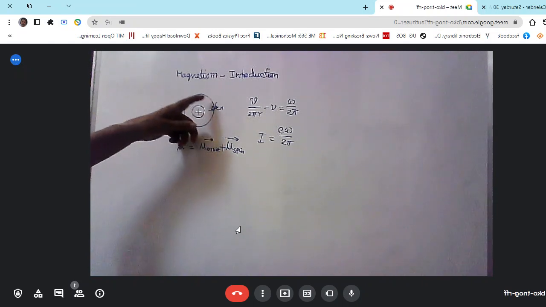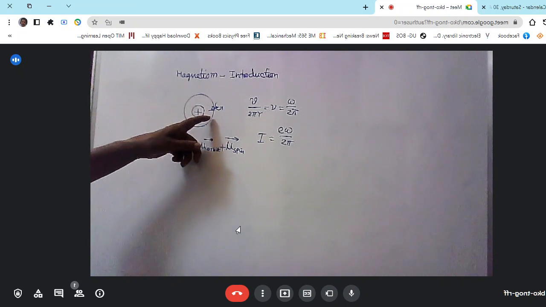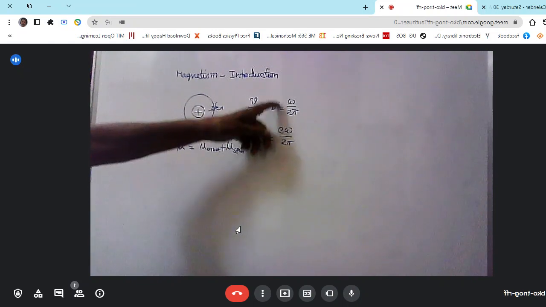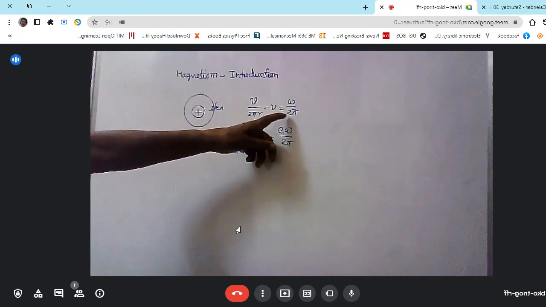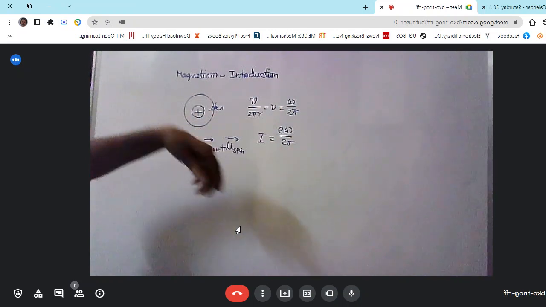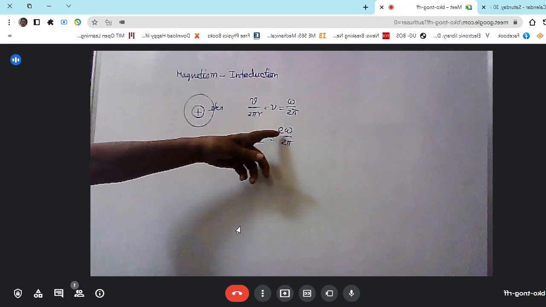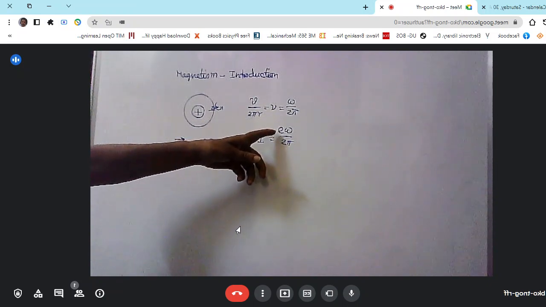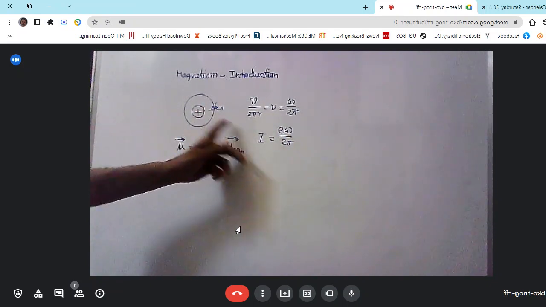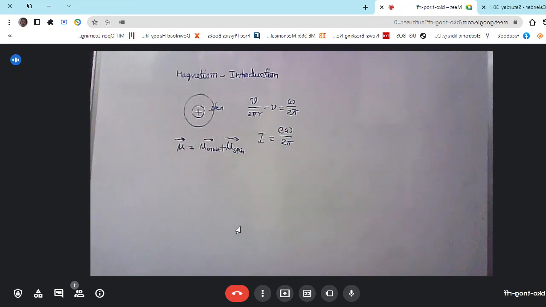Current is the total charge passing through a cross section in unit time, that is, in 1 second. So this is the number of times the electron moves through the cross section, and each time it carries charge e. So the total amount of charge that crosses the cross section is e omega by 2 pi.